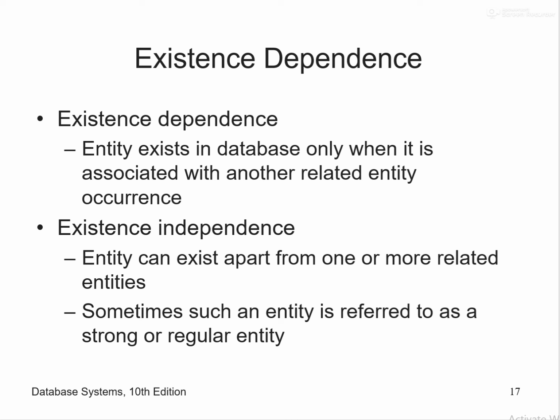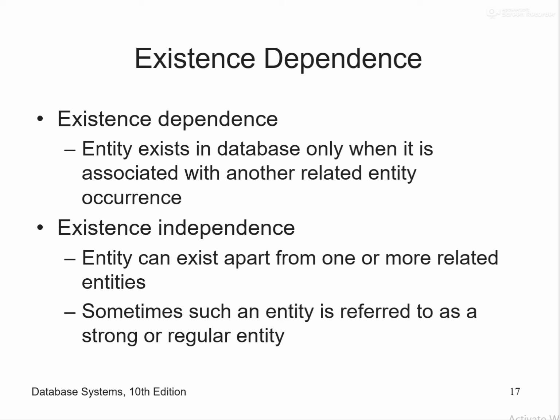And existence independent is like a strong entity or regular entity, which can exist apart from one or more related entities. Like in the same example, employee is a strong entity. Its existence does not depend on the dependent.